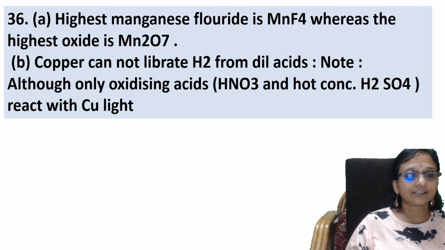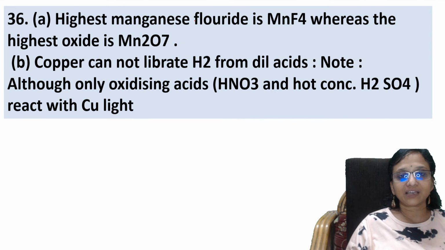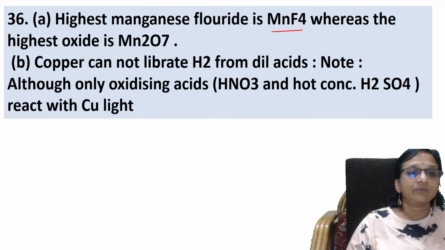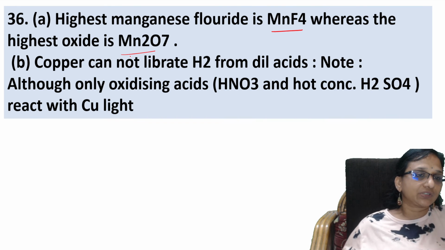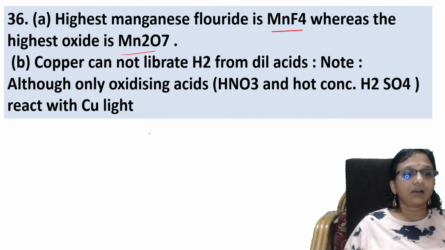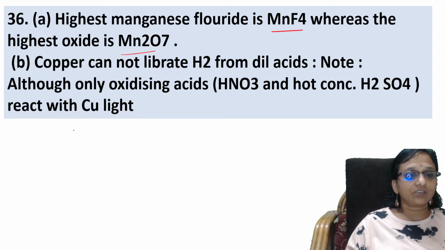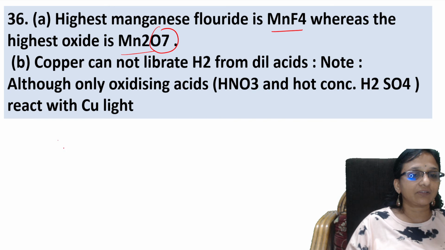The highest oxidation state: the highest manganese fluoride is MnF4, whereas the highest oxide is Mn2O7. Simple, I told my students. So here what is important? Oxygen is having a higher oxidation state. What answer will I write?